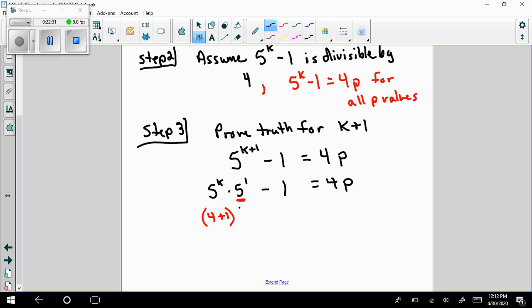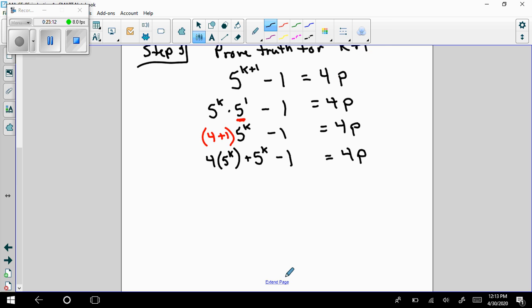And I still have times my 5 to the k minus 1. And I want to still show that's equal to 4 times some number p. So now if I distribute my 4 plus 1, I get 4 times 5 to the k plus 1 times 5 to the k minus 1. That's going to be equal to, hopefully, 4 times some number p.